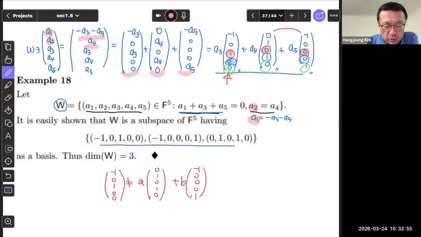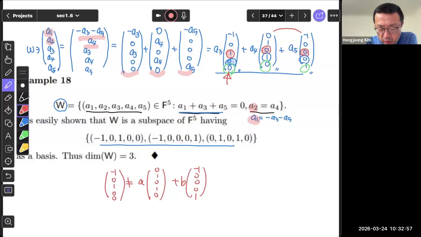I could notice this fact just by looking at the third entry, because the vector on the left has the value 1 in the third place, while the other two have just zeros. So regardless of the values of A and B, the third entry in the vector on the right will always be 0. You cannot make 1, right?